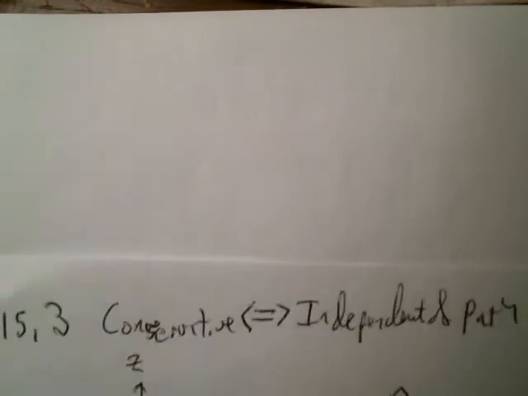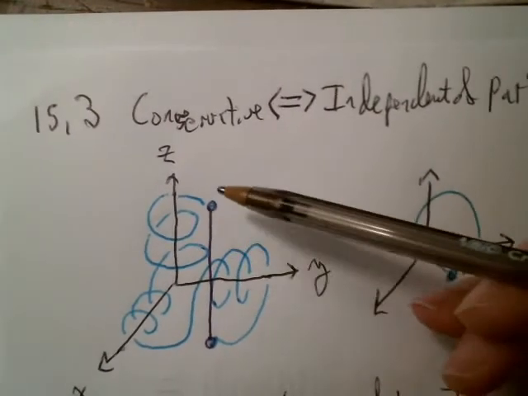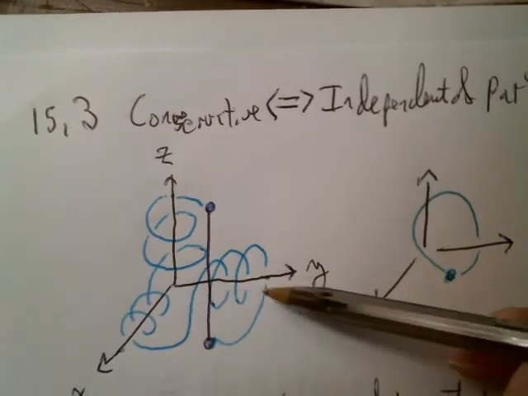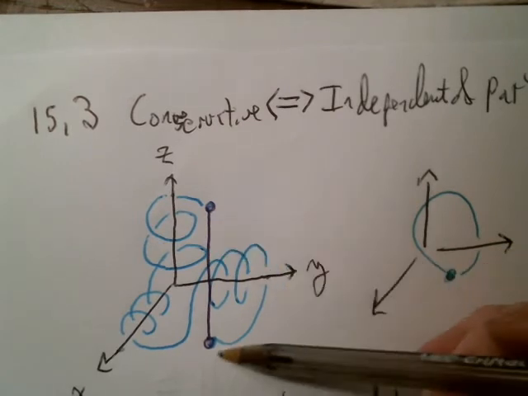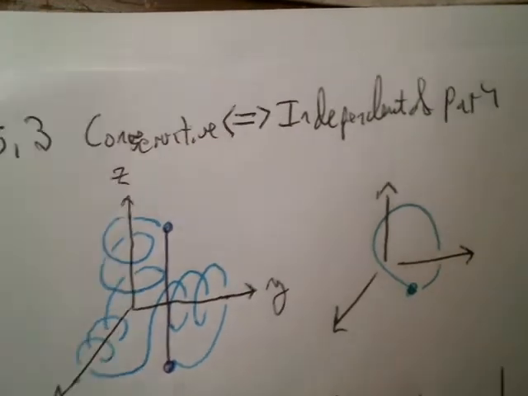What I was saying at the beginning of my lecture is that supposing you do have something that's conservative, then it's independent of whatever path you take, because all we're doing is evaluating at the endpoints.